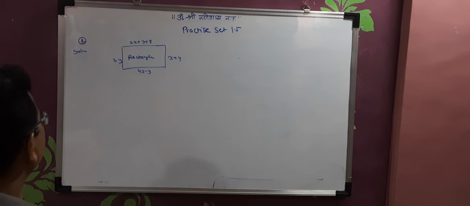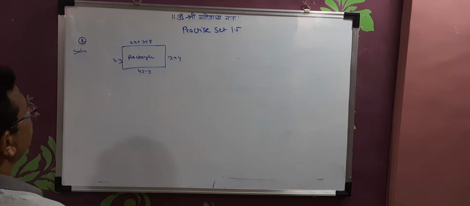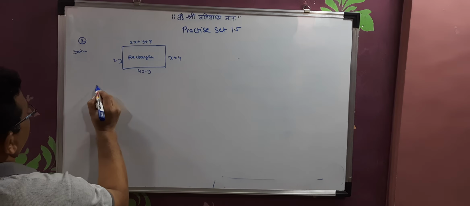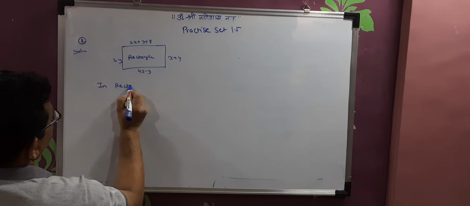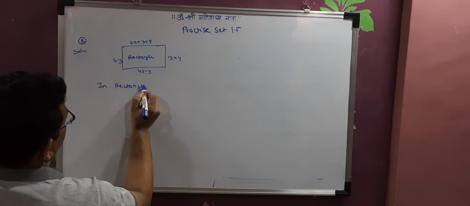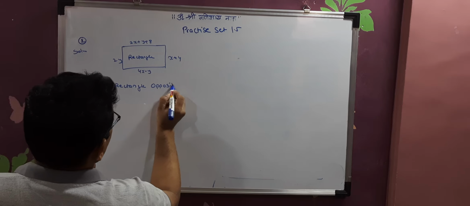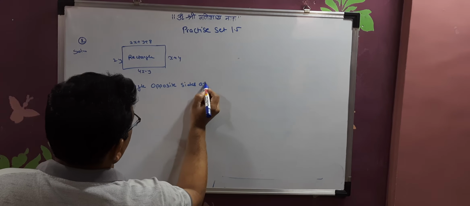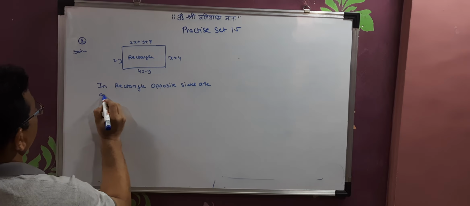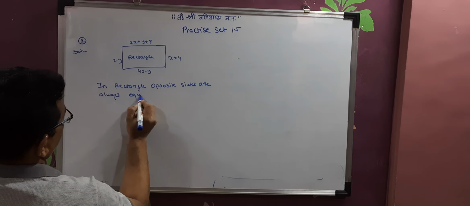Now how to calculate the value of x and y? We know in a rectangle the opposite sides are always equal.